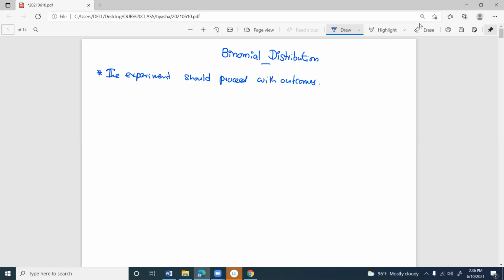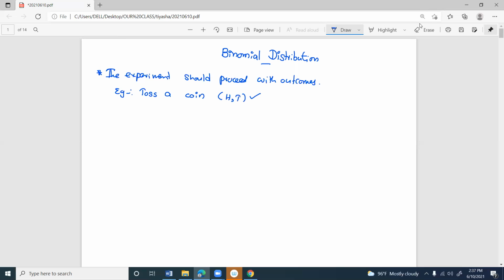Okay. Then, for example, toss a coin. So what are the outcomes you can see? Head and tail. So it's a binomial distribution. So we have only two outcomes, right?